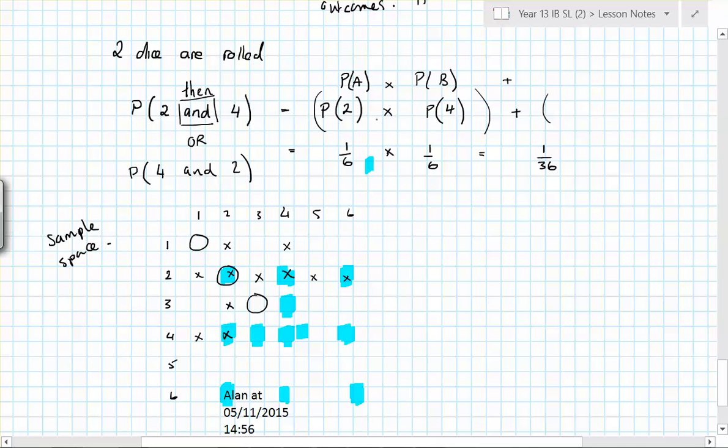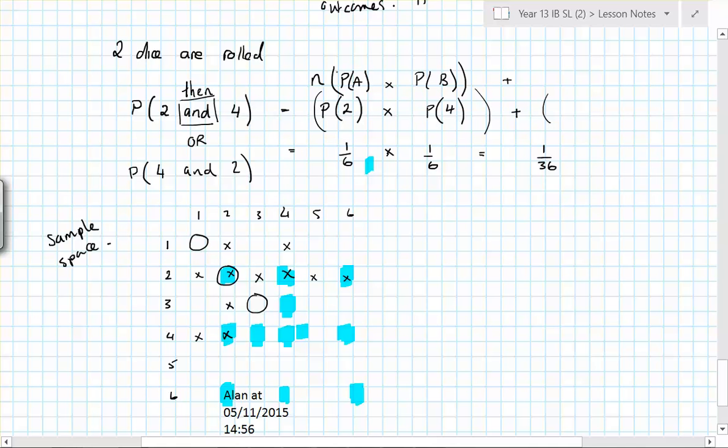You have to know how many times it can happen. So you work out the probability of it happening once and then figure out how many times. So maybe I could write that it's times the number of times it happens, because it's always going to be the same.